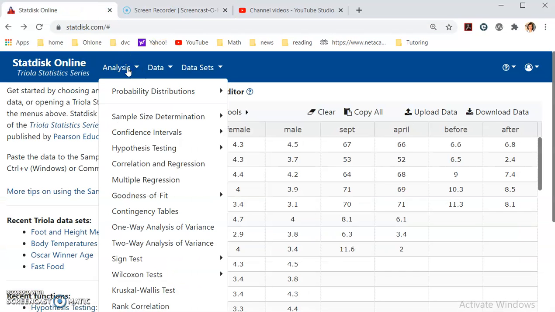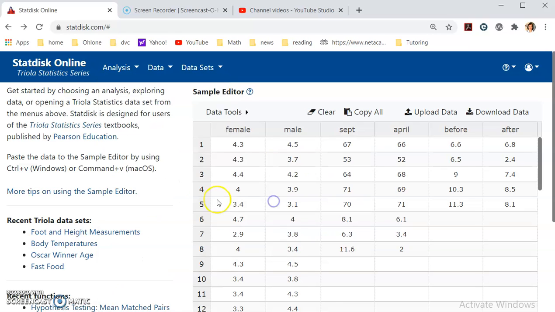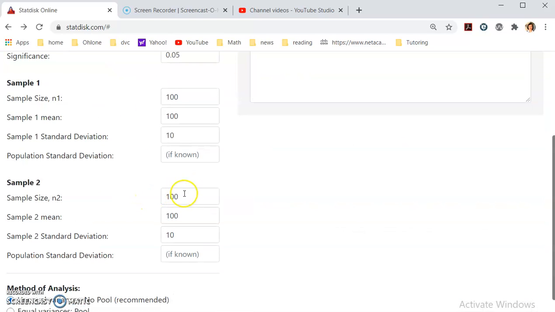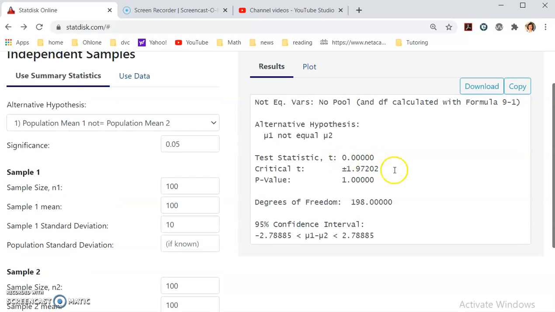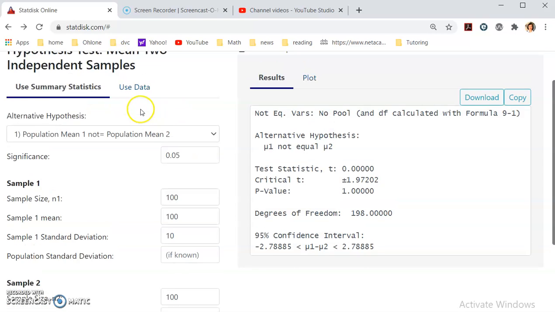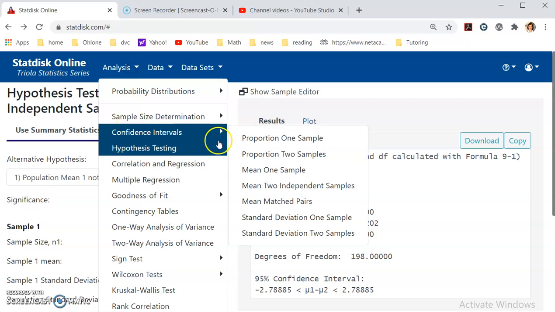For example, if you run the mean, two independent means, and you evaluate, you will have a p-value and all those, and they always give you a confidence interval, but it is fixed based on the significance. If you want to get another one, you would just do Analysis, Confidence Interval.